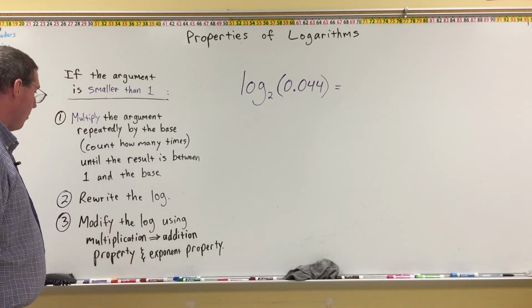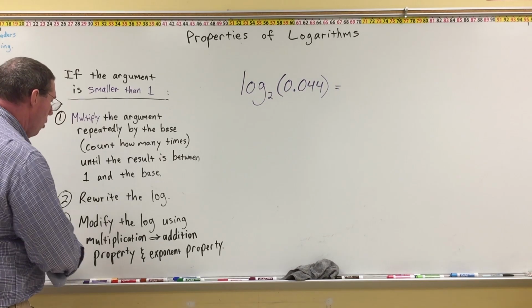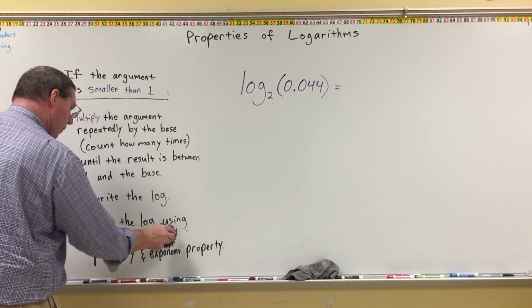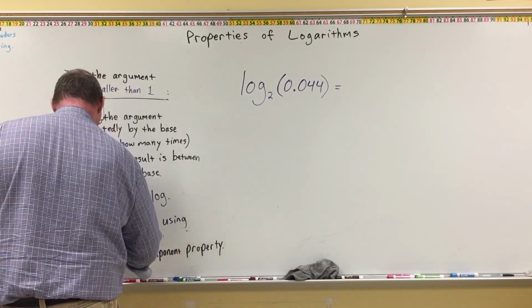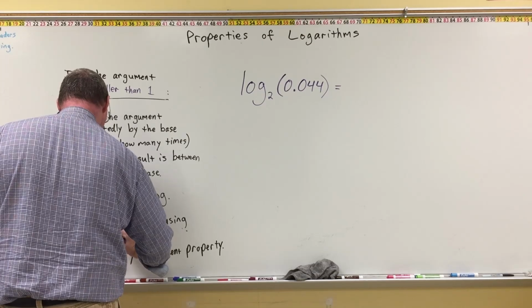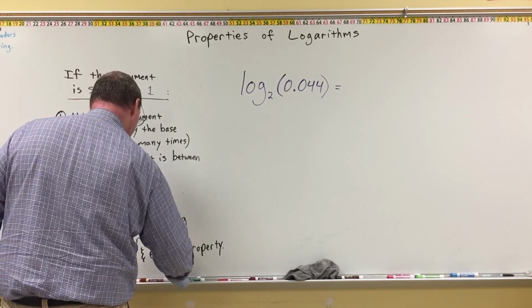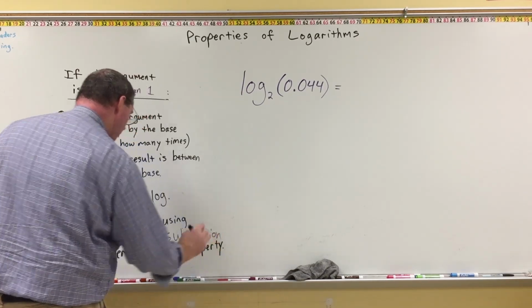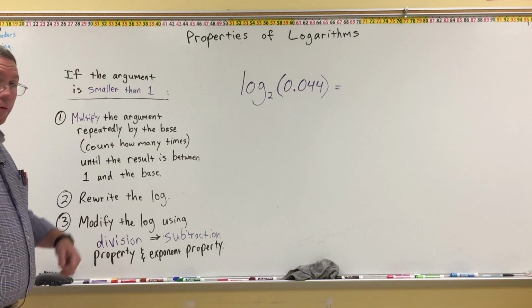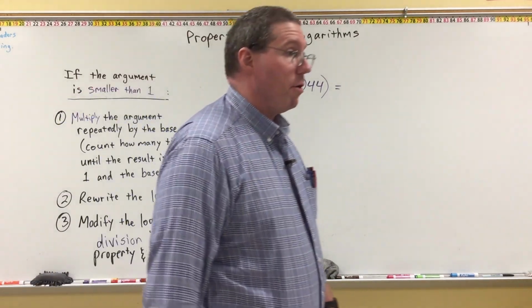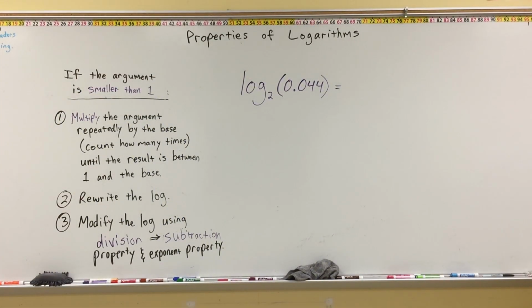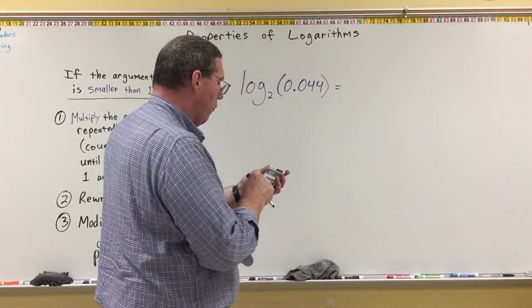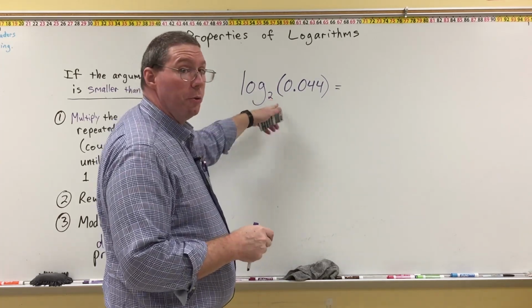Then again, we're going to rewrite the log, only this time we're going to modify the log using the division to subtraction property, and then also the exponent property, okay? So let's grab a calculator, and we will take this 0.044, we're going to multiply it by 2, okay?